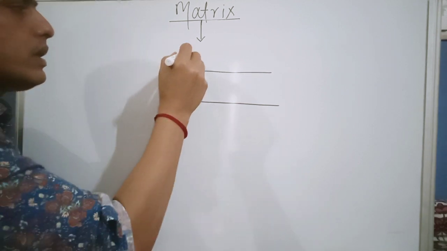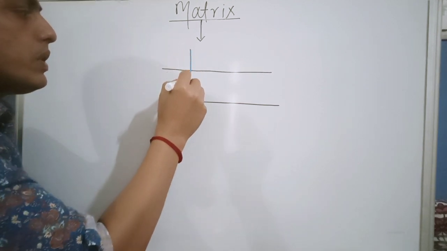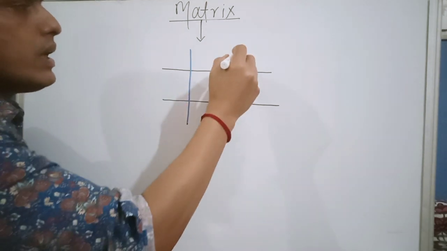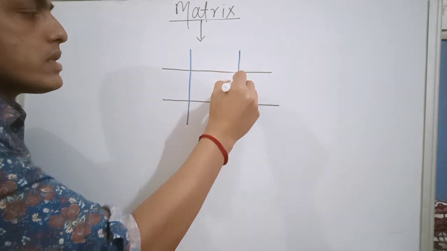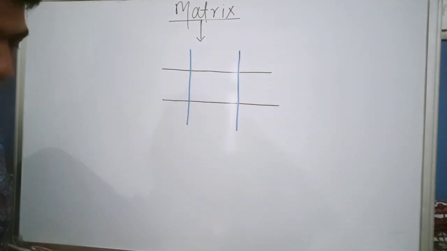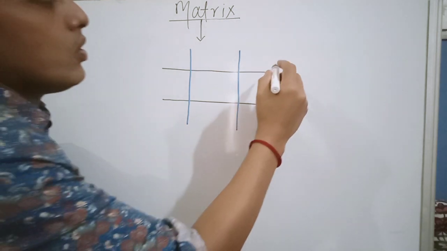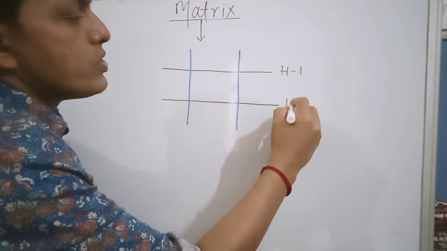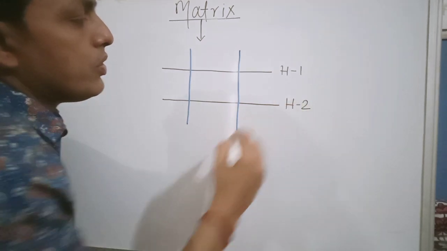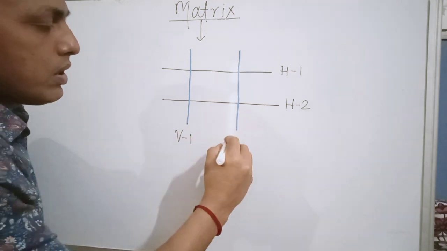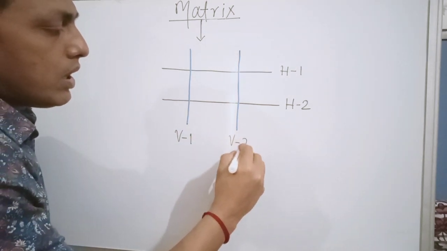And this one is first vertical line and this is second vertical line. So, horizontal line number 1, horizontal line number 2, vertical line number 1, vertical line number 2.